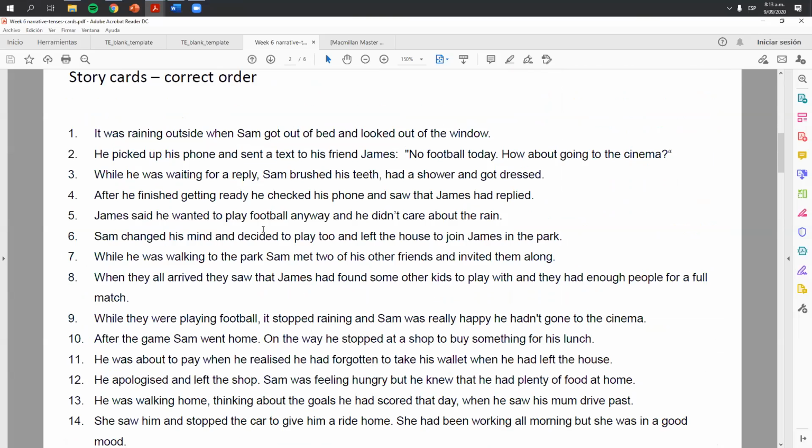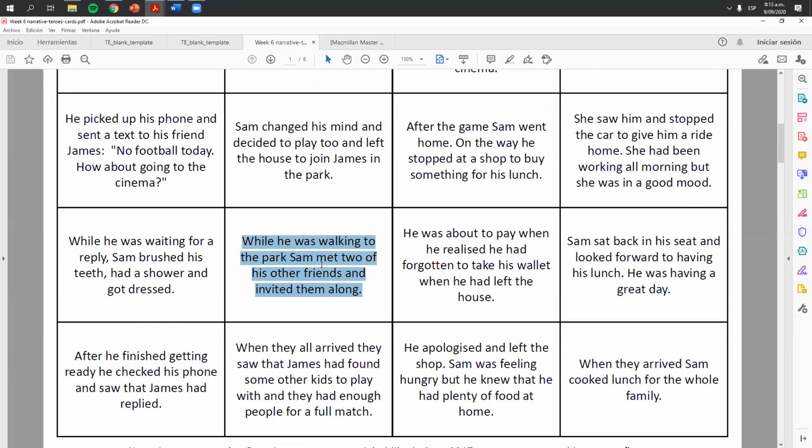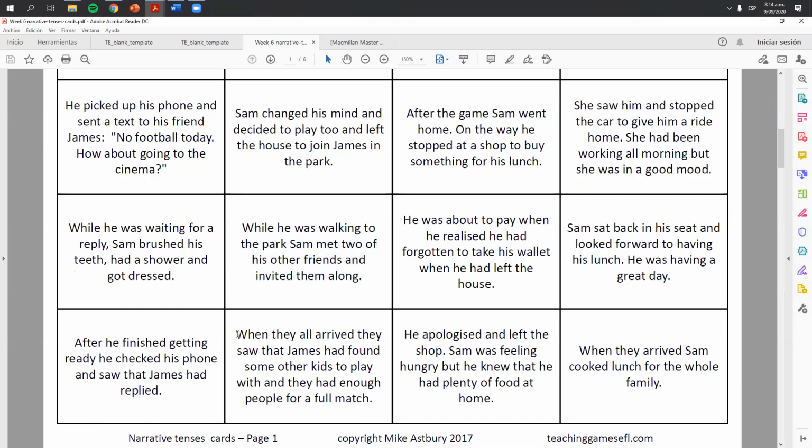Great. Let's continue with the next one. Ashley, would you please read this one? Okay. While he was walking to the park, Sam met two of his other friends and invited them along. Invited them along. Great. Okay, let's continue with the next one. Let's see who's going to help us. Jose, would you please help us with this one?